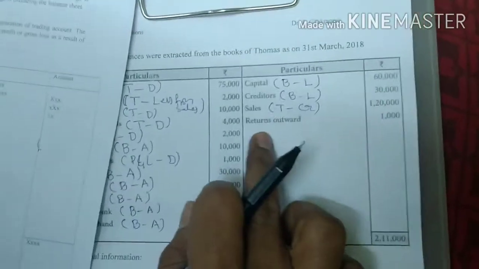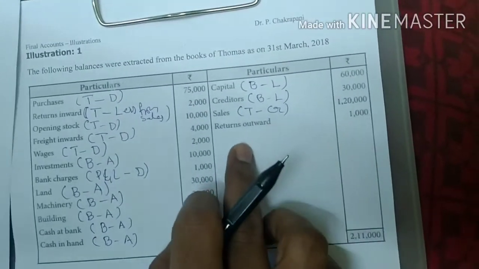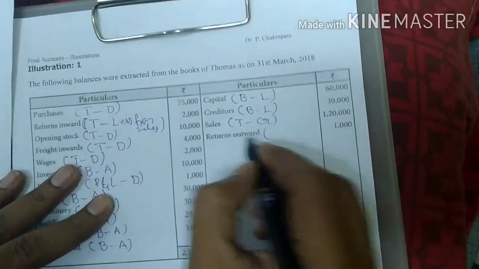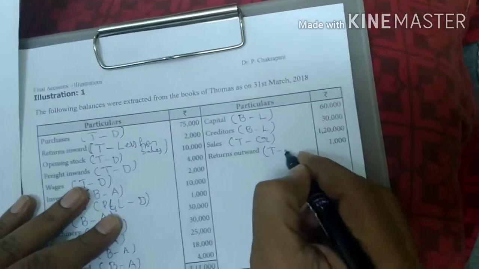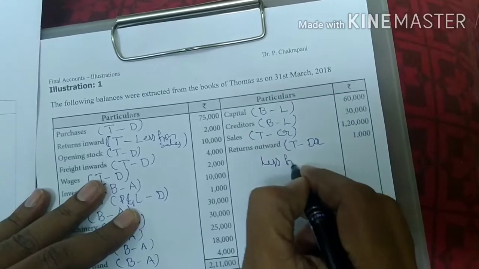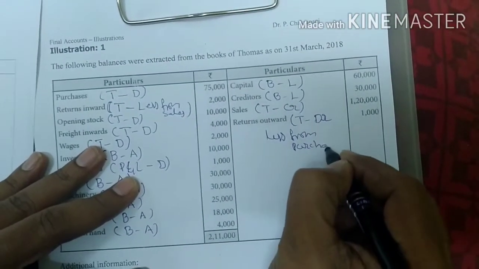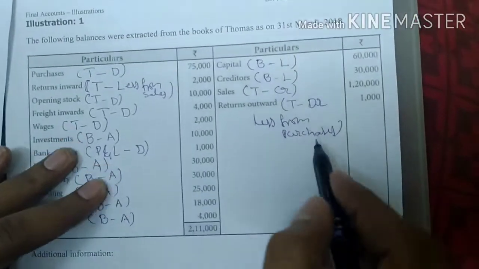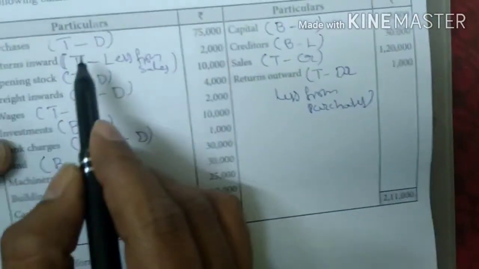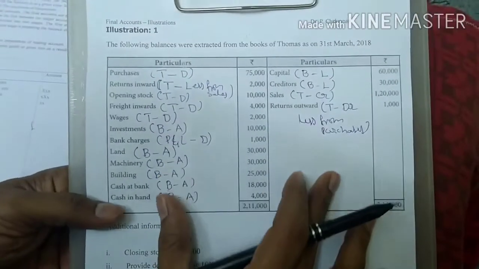Returns outward means purchase returns. Purchase returns go on the trading account debit side, deducted from purchases. Likewise, each and every transaction needs to be clearly noted down in the problem itself.